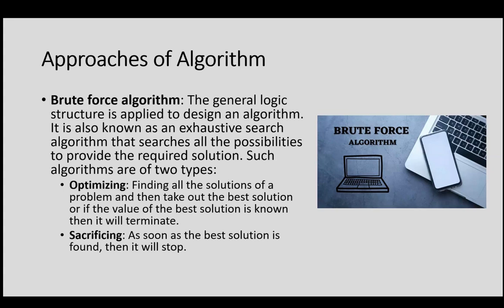Optimizing means you find all the solutions, and among them you find the best solution, or if you already know the value of the best solution, then it will stop searching. The next is sacrificing: as soon as the best solution is found, you stop. So optimizing and sacrificing are the two types of algorithm included in the brute force algorithm.